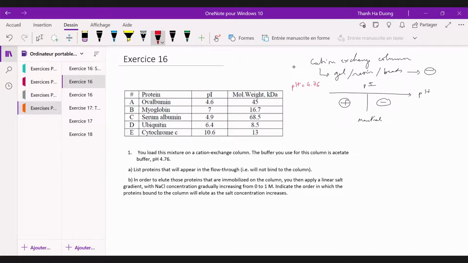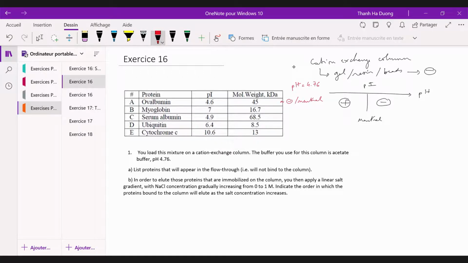It's negative. Yes. Okay, let's say that the pH is quite similar to the pI, so it's negative, quite neutral.